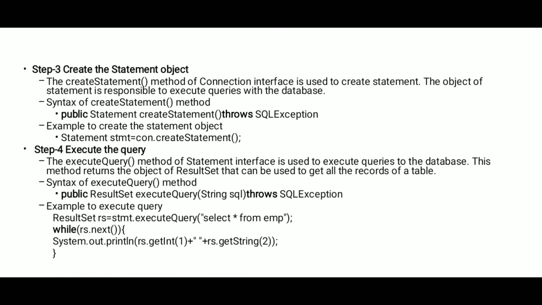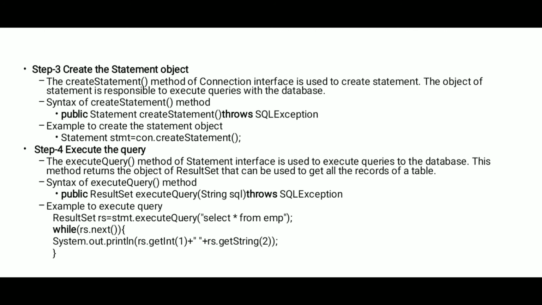Then step 4 is to execute the query. After creating the statement we have to pass the actual query to the database. To execute that query we use the executeQuery method of the Statement interface. This method returns the object of ResultSet, and it can be used to get all the records of a table.